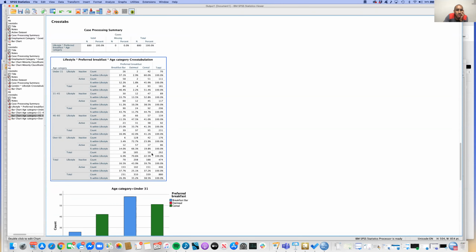Under 31 is 37.1%, and then 31 to 35 is 33.7. I have a question, because it says 47 are inactive that eat cereal instead of 42 from the 31 to 45 age group. But we're looking at percentage. Okay, so I was right the first time. Okay, under 31.